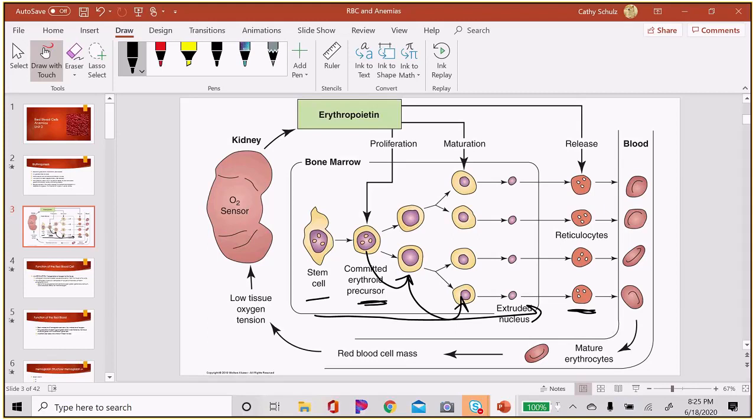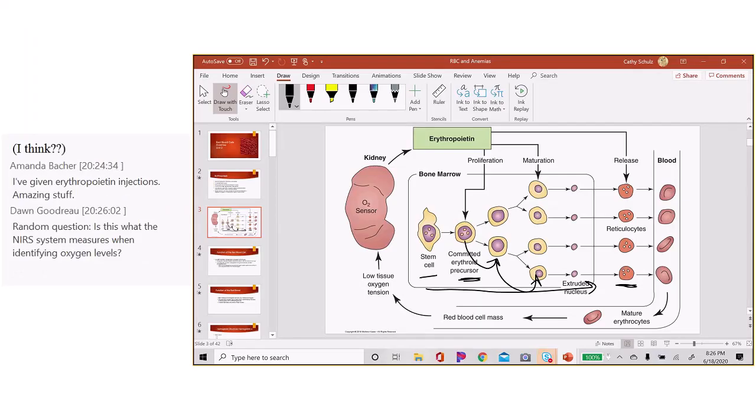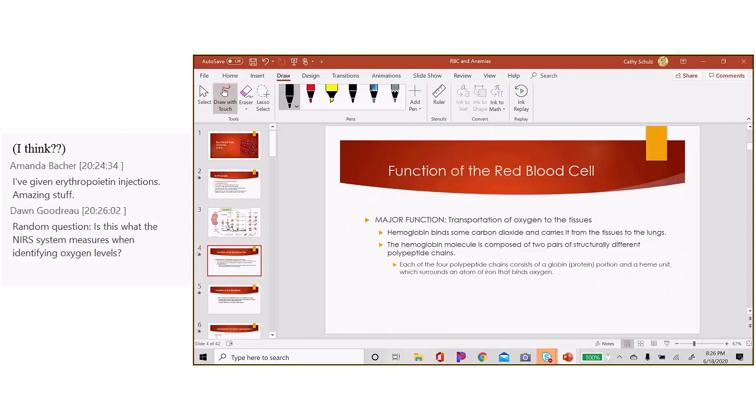It has storage of electrolytes, it has actin and myosin filaments, and it certainly has a large amount of hemoglobin. But it doesn't have some of those other cell structures and organelles that other cells have. After a day goes by, we get the mature erythrocyte that you can see, what we think of as a red blood cell.